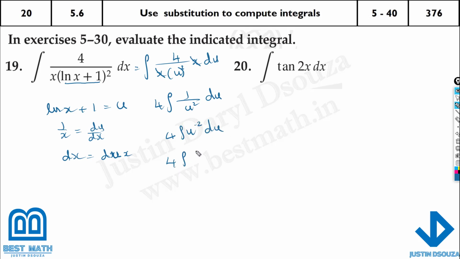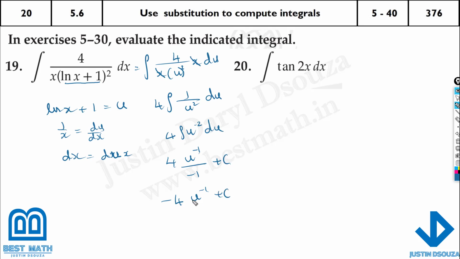That is 4 of, let's use the rule. It'll be u to the power minus 1 by minus 1. It's just that the sign changes here, minus 4 u to the power minus 1, not du over here, my bad. It is plus c. Once we apply the integral rules, it's plus c.